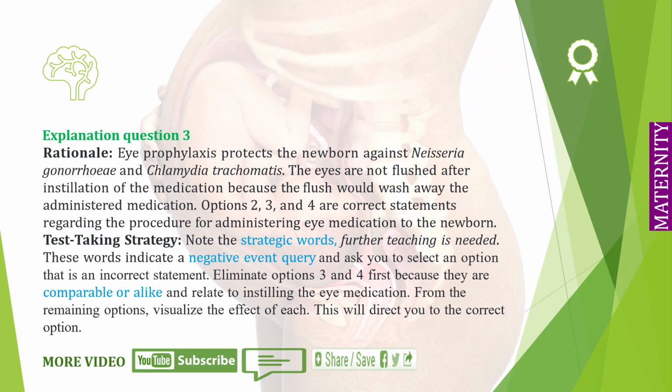Note the strategic words, "Further teaching is needed." These words indicate a negative event query and ask you to select an option that is an incorrect statement. Eliminate options 3 and 4 first because they are comparable or alike and relate to instilling the eye medication. From the remaining options, visualize the effect of each. This will direct you to the correct option.